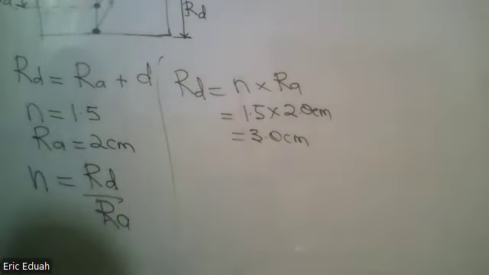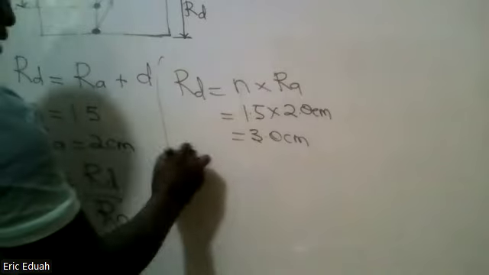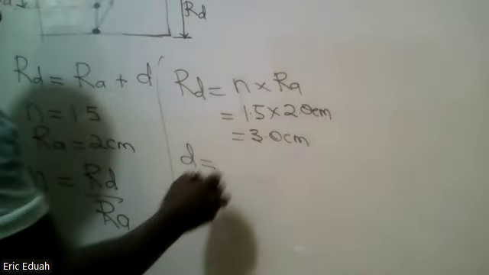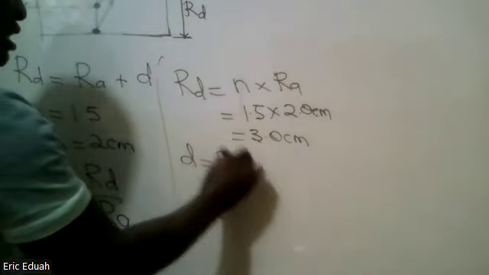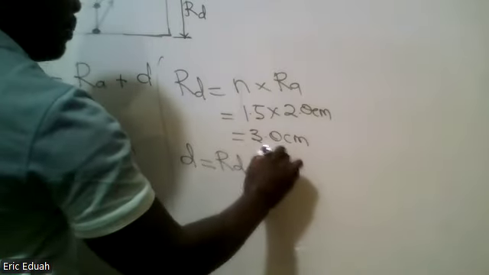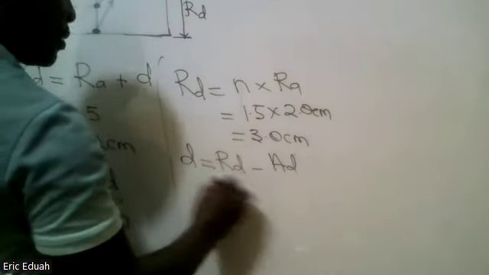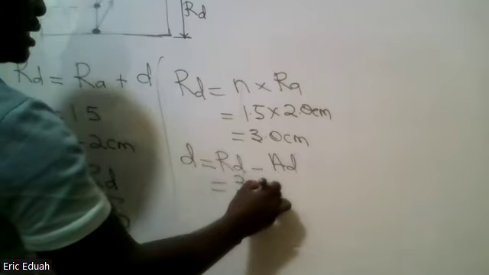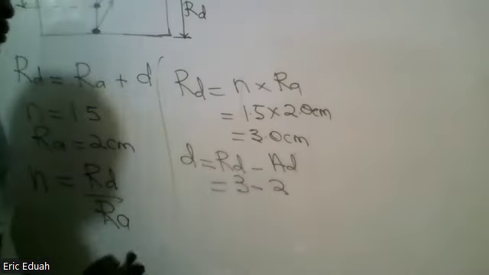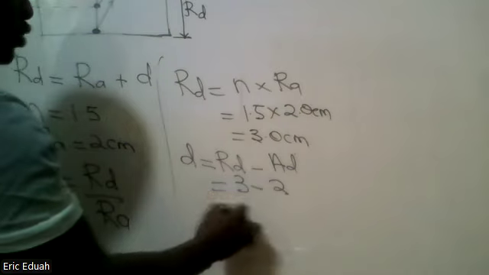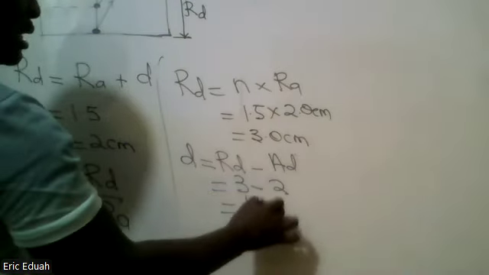If you are to determine how the object is displaced, the displacement D will be equal to real depth minus apparent depth, and so 3 minus 2, and this will be 1 centimeter.